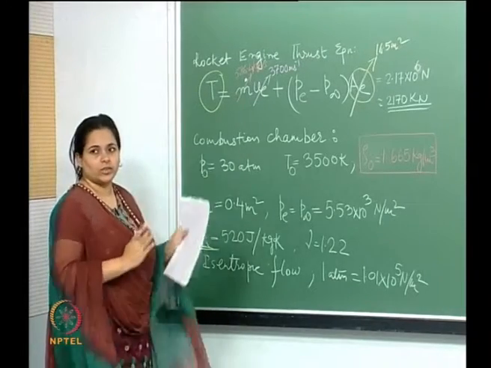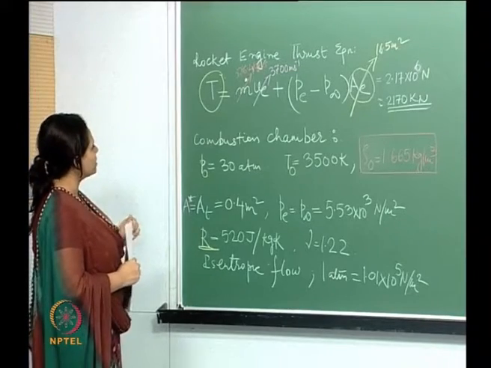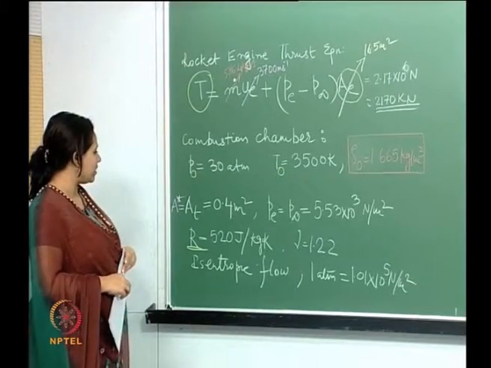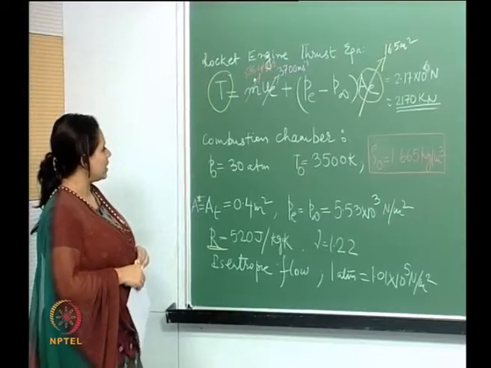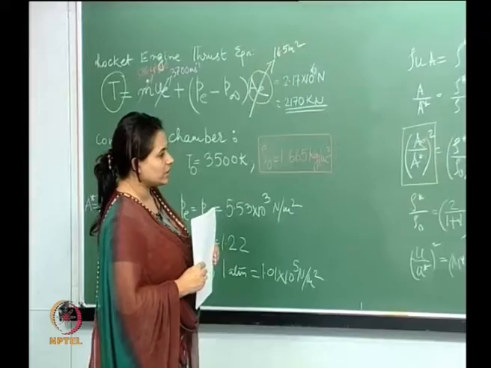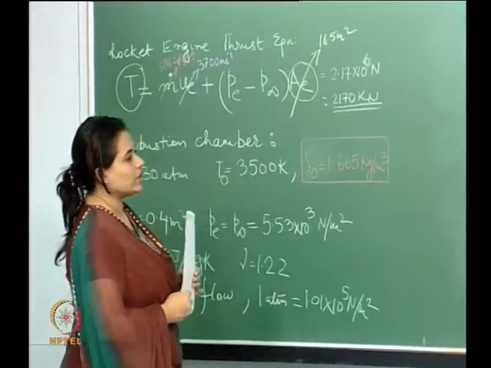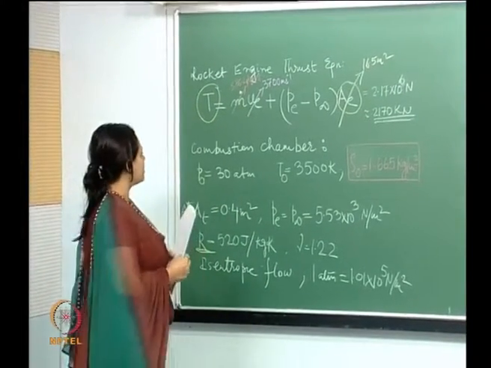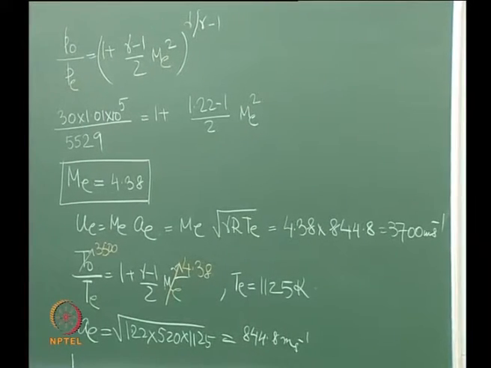The combustion chamber pressure, temperature, etc. is given, and we have an isentropic expansion of the flow. At the exit, we have calculated the temperature, which is 1125. Let me write this down.